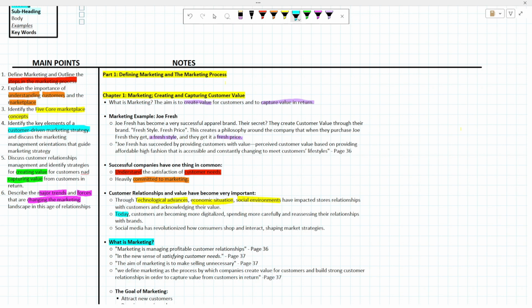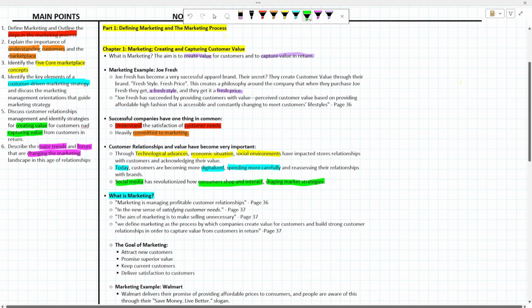Today, customers are becoming more digitalized, spending more carefully, and reassessing their relationships with brands. Social media has revolutionized how consumers shop and interact, changing market strategies. So social media impacts how consumers shop and interact, and this is shaping market strategies.